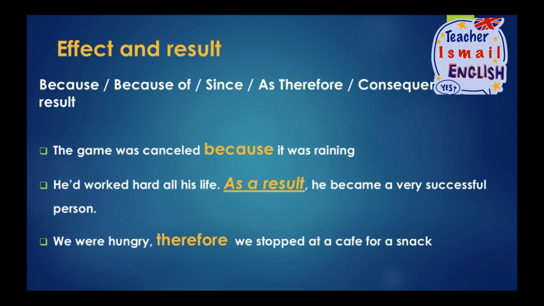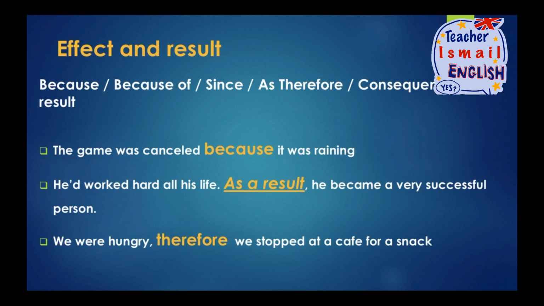For example, we can say: the game was cancelled because it was raining, or you can say the game was cancelled because of the rain. If you put just because, you can say because it was raining. He had worked hard all his life.